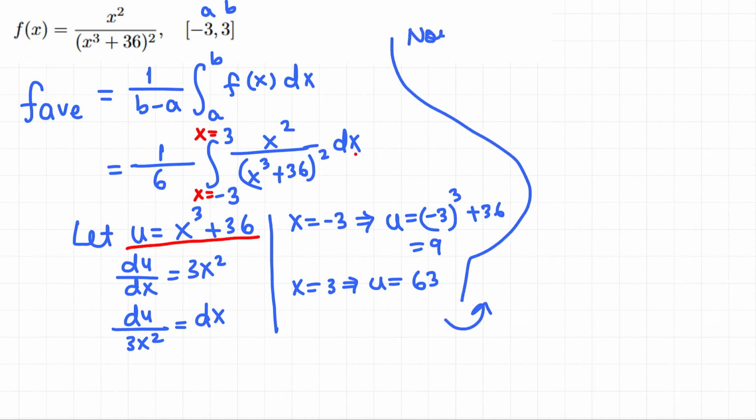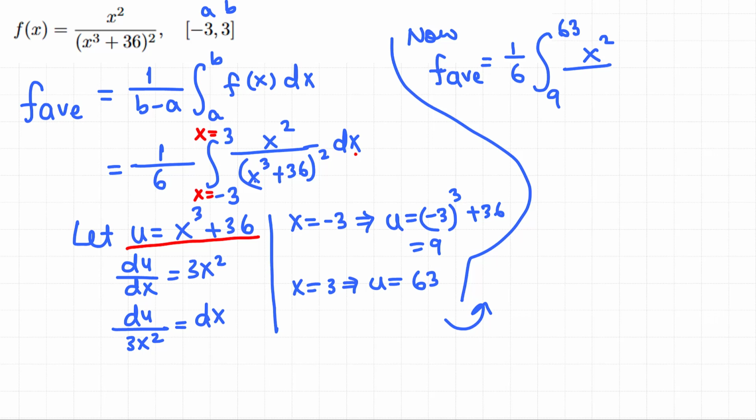Now the integral becomes, since we are finding the average value of this function, 1 over 6 times the integral, with limits in terms of u from 9 through 63. We don't know about the top x squared.